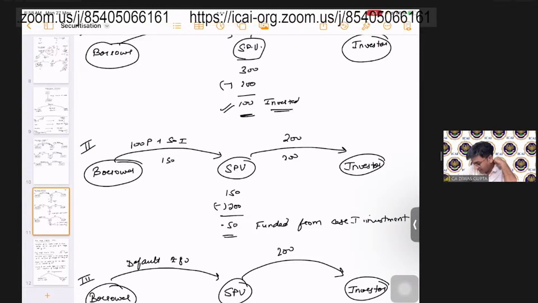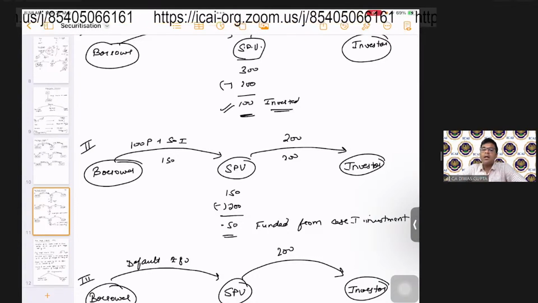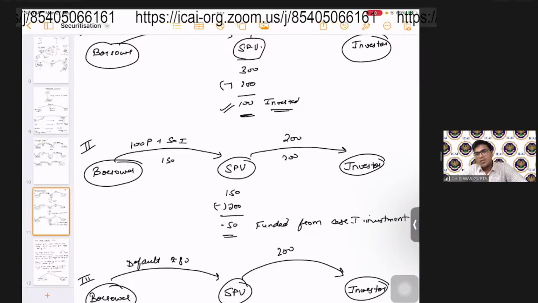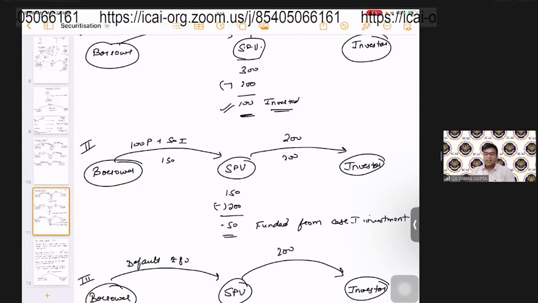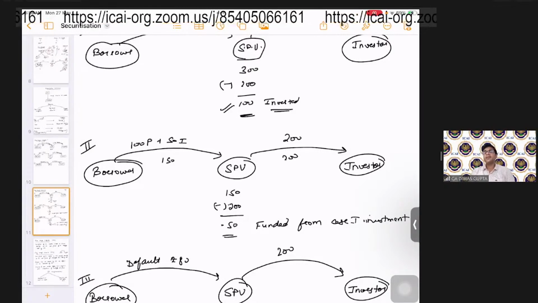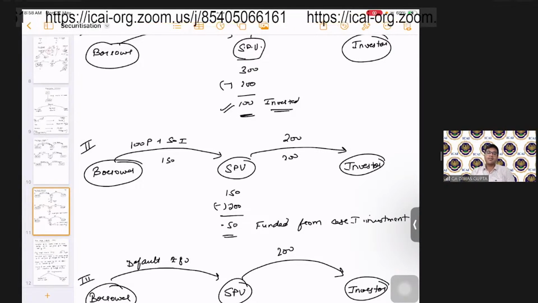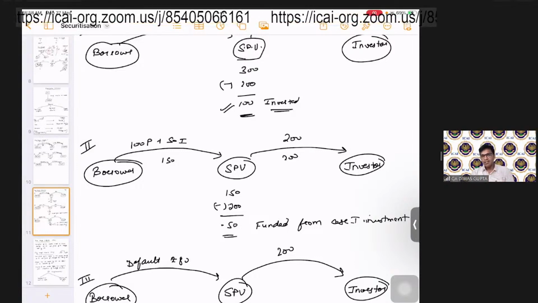Whatever surplus it has invested, it will use to repay the balance 50 to the investors, so that the outflow to those investors is kept at 200. However, in pass-through certificates, whatever was coming, whether higher or lower, was going to the investors.